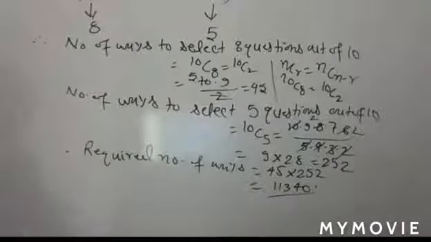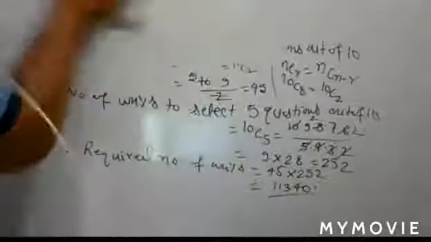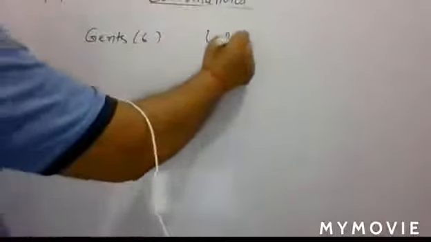So just think about all these things. Here you have 6 gents and 4 ladies, and you have to form a committee of 5 members.